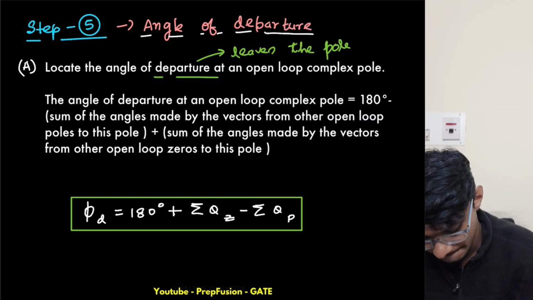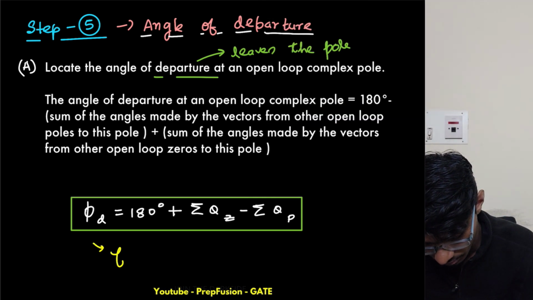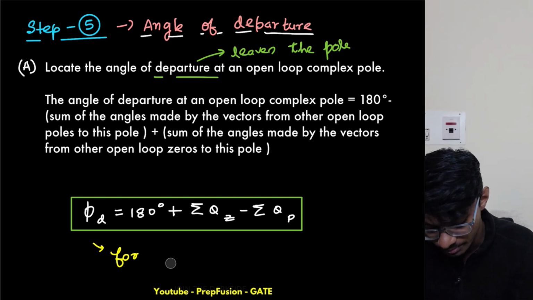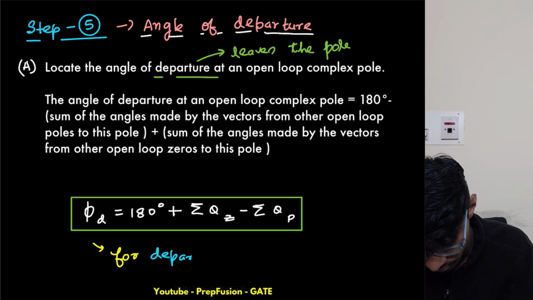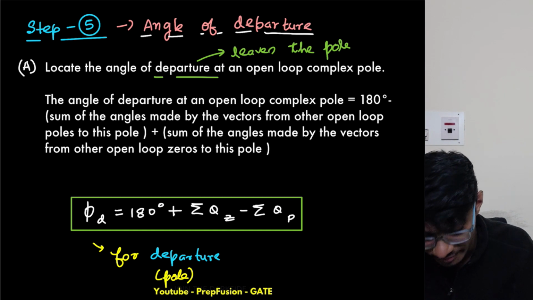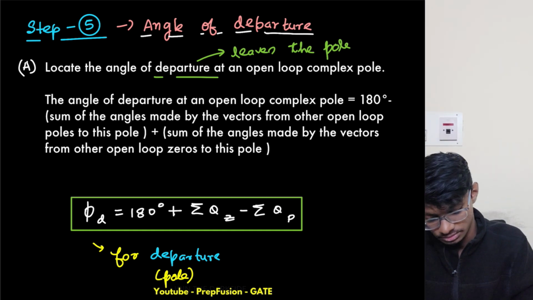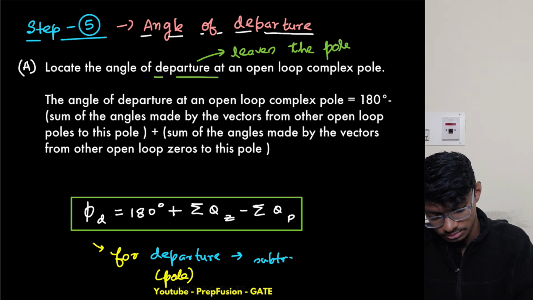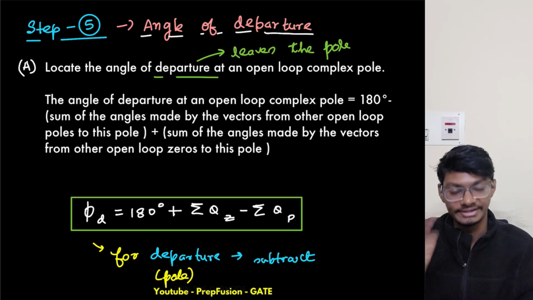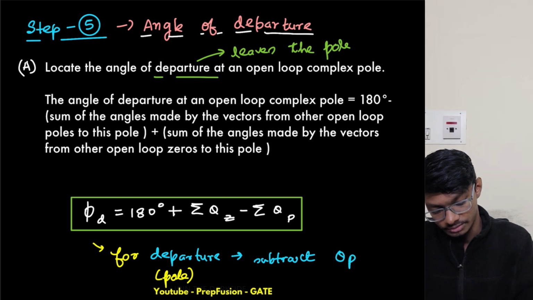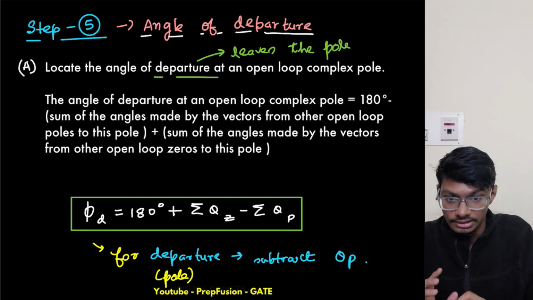For a pole, or I can say for departure, as it is for a pole, we have to subtract theta p. I'm telling you how to remember this formula. This is not just a concept, this will also help you in the GATE exam. So subtract theta p. So this is what my angle of departure is.